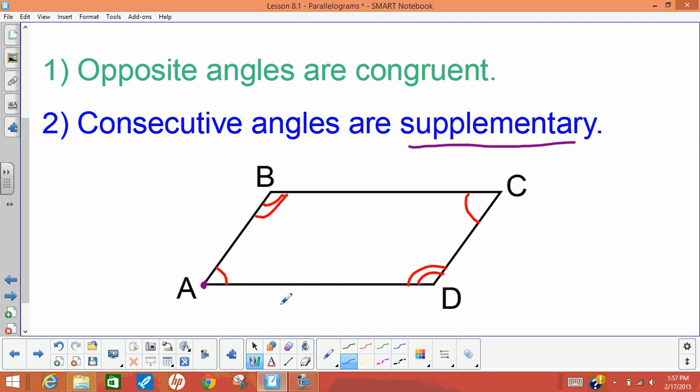So we end up with a bunch of pairs of supplementary angles. B and C are supplementary. C and D are supplementary. And again, we've already said A and D are supplementary. So if you know one angle, we can do a lot of things to find the other angles. We know that the opposite angles are congruent. We know the consecutive angles are supplementary. So we really only need to know one angle in a parallelogram in order to find the other three.